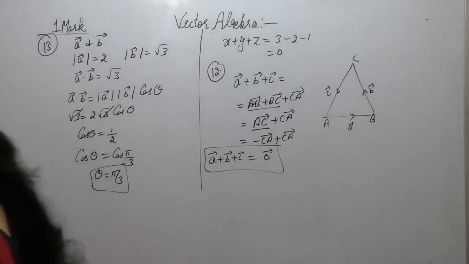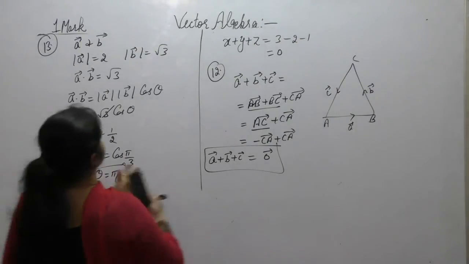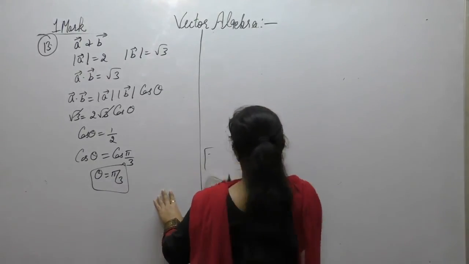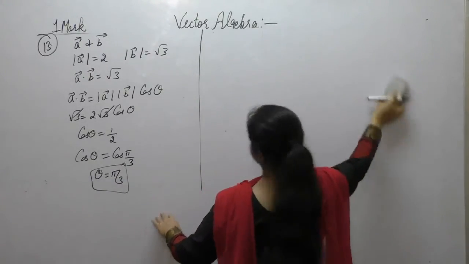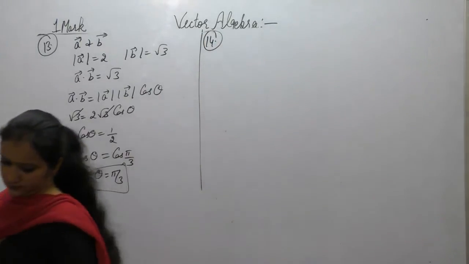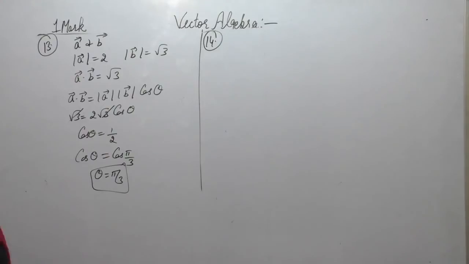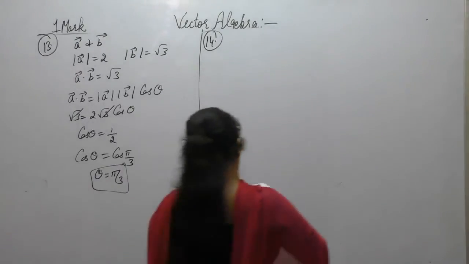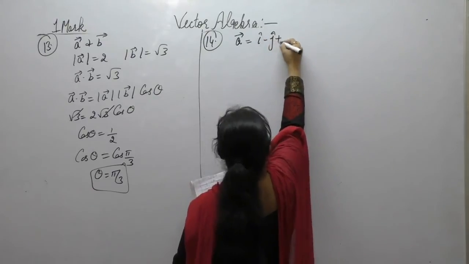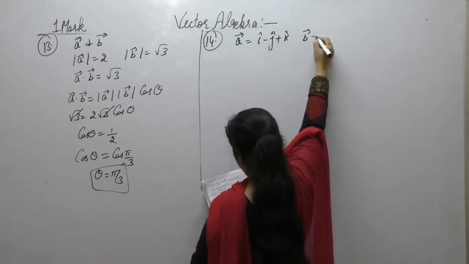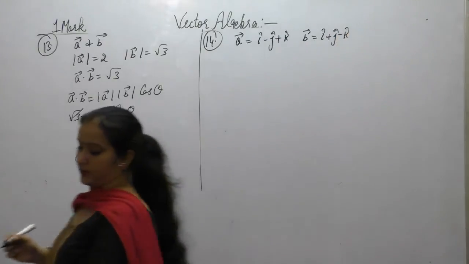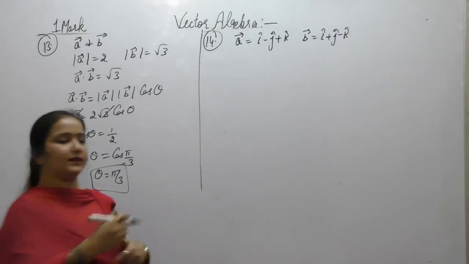Now next one. Find the angle between the vectors A vector i minus j plus k cap, B vector i plus j minus k cap. Now we want to find the angle between these.